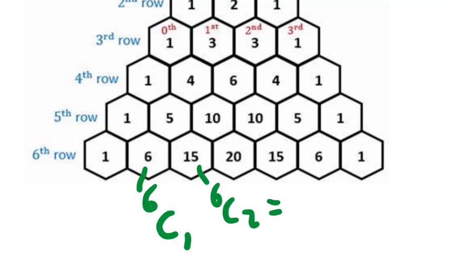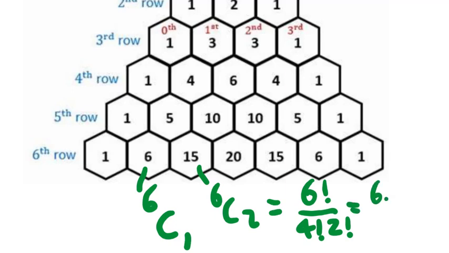So 6 choose 2 is 6 factorial over 4 factorial, 2 factorial. These two numbers add up to the top. And you can cancel 6 factorial with 4 factorial, because this one is 6 times 5 times 4 factorial. So I can write that as 6 times 5 times 4 factorial cancels. 2 factorial is 2. So that is 15.